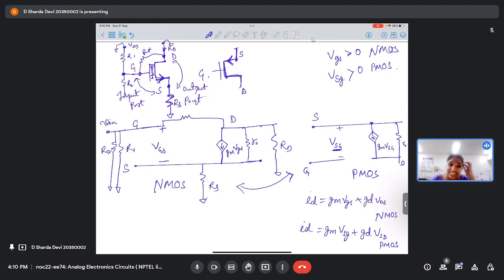In Razavi you can find all these configuration-based problems, all the amplifier-based problems based on MOSFETs.